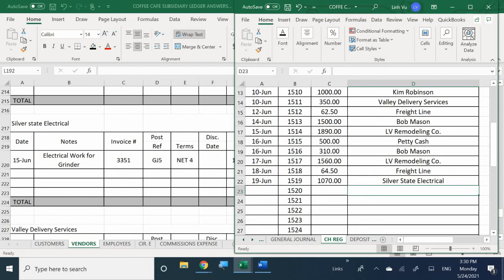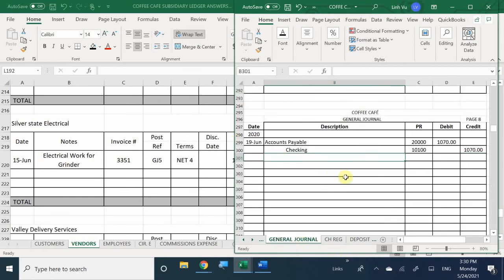Then we go back to the journal. Invoice 3351. Check number again was 1519. Silver State Electrical, invoice number 3351, check number 1519. Good.